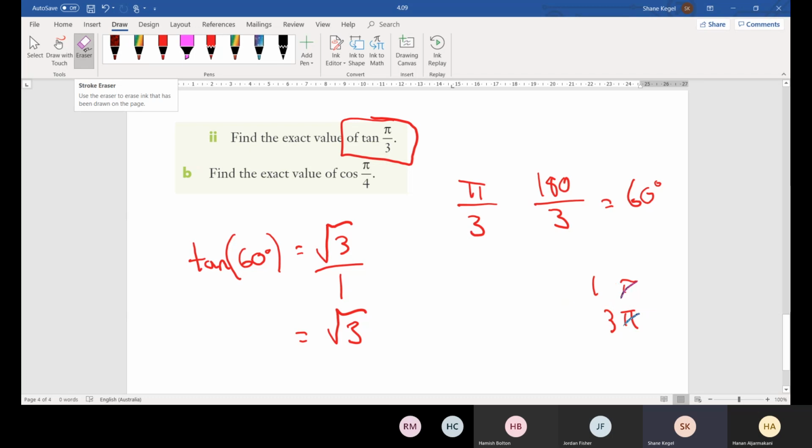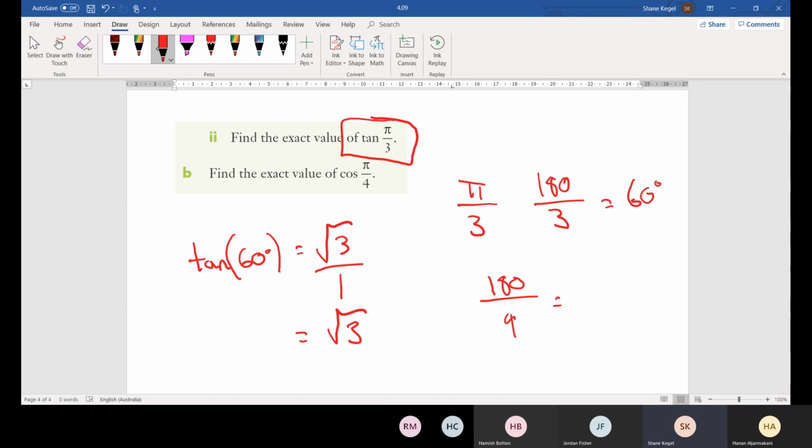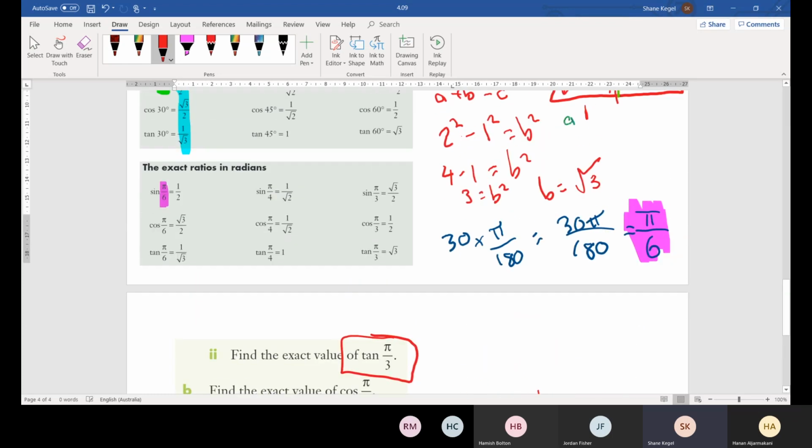Second question, find the exact value of cos pi on 4. I could either multiply through by 180 on pi, or I'm going to do the simpler way. Because pi radians is 180, 180 on 4 gives me 45 degrees. So now that I want cos 45, I'm going to look up to my triangles.